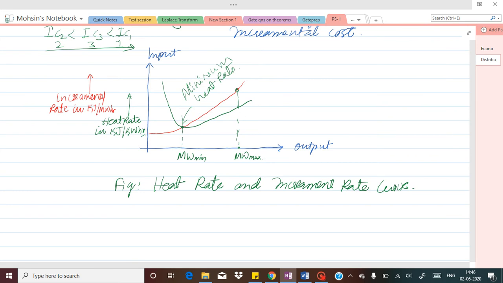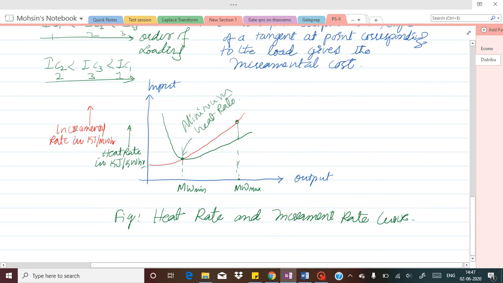Any unit in the power plant can be represented by a heat rate and incremental rate curve, and from the two input output curves, that is, one is the incremental rate curve and another one is the heat rate curve, we get the intersection point of the two curves, which will be the minimum heat rate. That means it is the minimum value of the fuel consumption. From then onwards, the power generated will increase, and correspondingly the input needs to be increased. Okay, so that is what we can understand from this heat rate curve and the incremental rate curve.